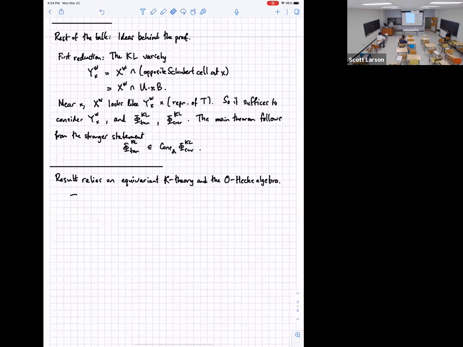so what is the zero-Hecke algebra? T hat will be the character group of T, and R of T is the representation ring, which is the Z span of, or we could use a field if we wanted to, e to the lambda, where lambda is in T hat, and e to the lambda times e to the mu is just e to the lambda plus mu.